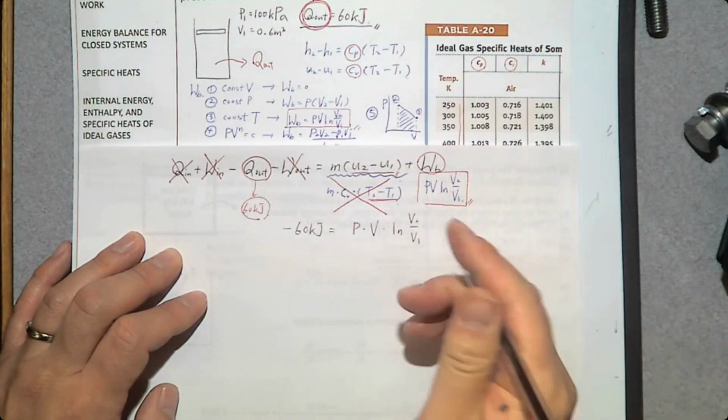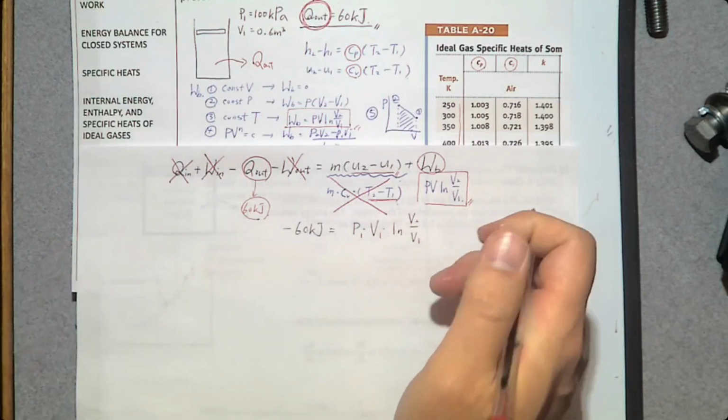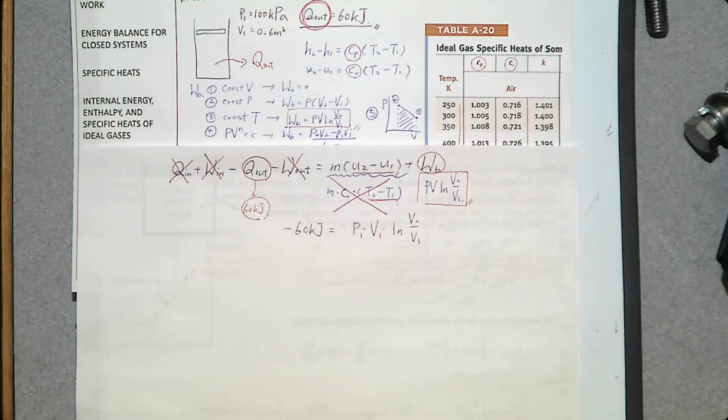And we can say this one is P1 V1 or P2 V2 because P times V should be constant when you have an isothermal process.